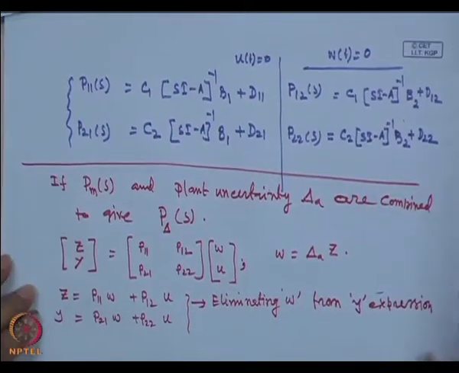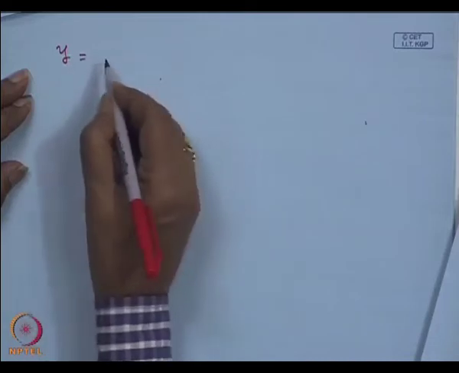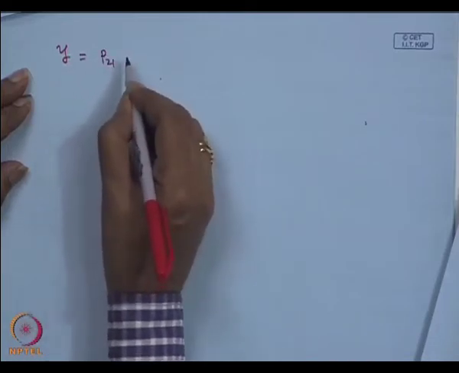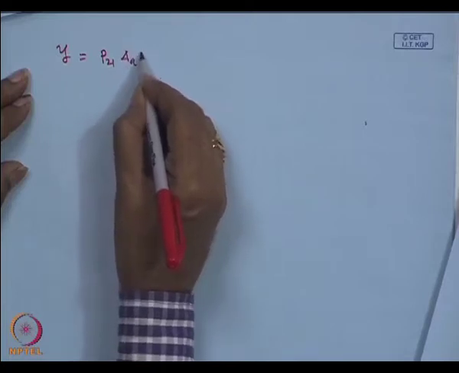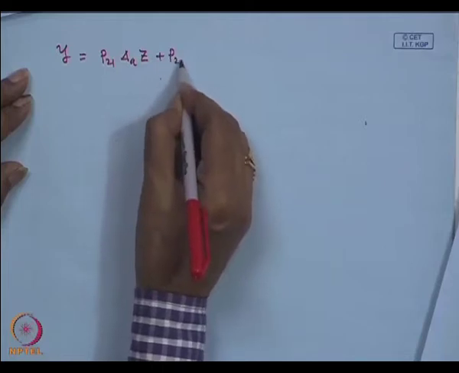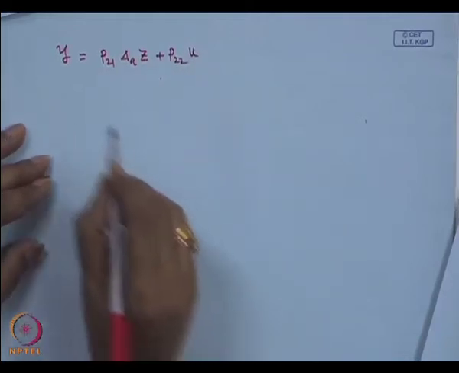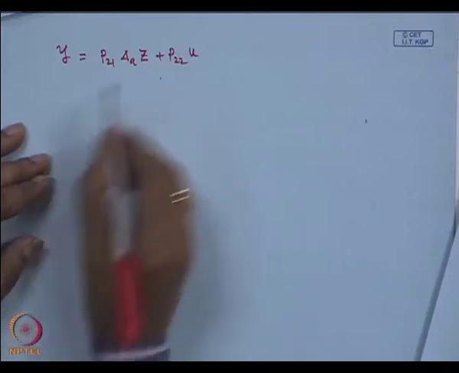I can put W in terms of Z, then express Z in terms of U. Let us see how to eliminate W from the Y expression. First, we can write Y is equal to P21 W, and what is W? W is delta A into Z, plus P22 U. So, what is Z?